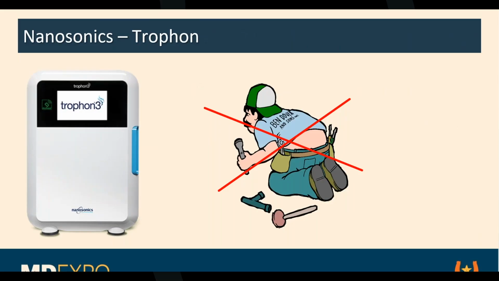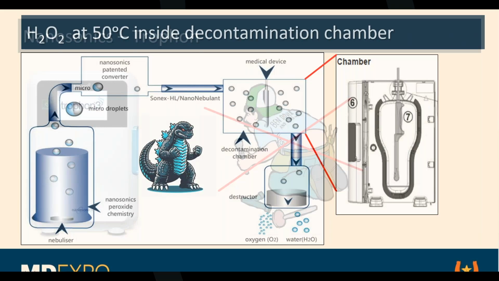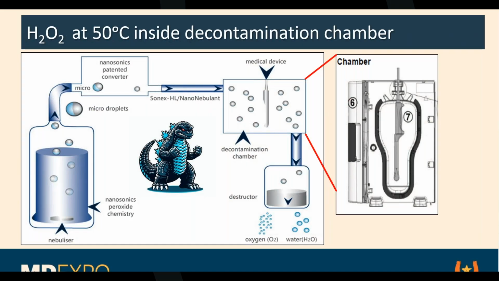So the Nanosonics Trophon does not require a plumber, but they use hydrogen peroxide. Yeah, they're good. 50 degrees C. I thought it was close. Inside the decontamination chamber, I've seen those opened. That lets out a lot of heat, and it puts the probe at risk, especially third-party probes that don't use the right materials, or maybe that's a good thing.